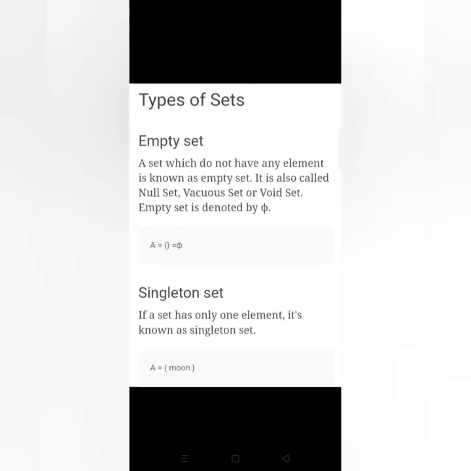It is denoted by phi, one small circle with a straight line. That symbol is called phi or empty set. Just put curly brackets. Okay. So, empty set means a set does not have any element. Right? It is denoted by phi or empty set.